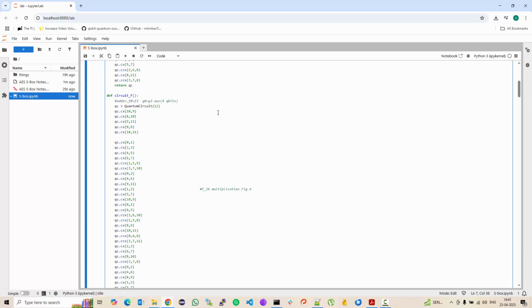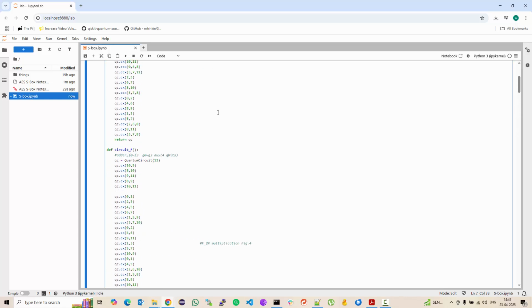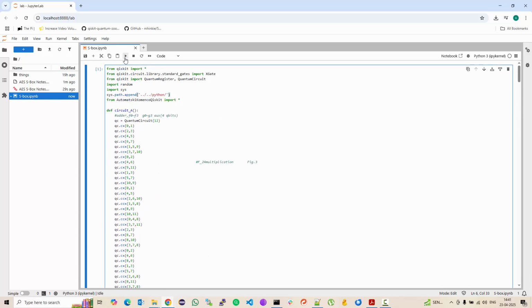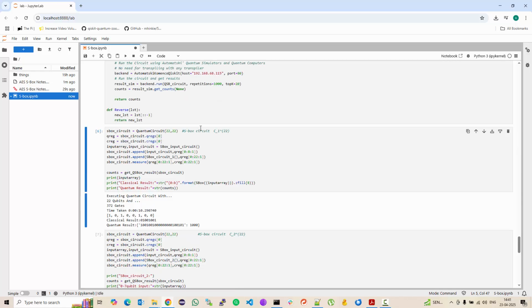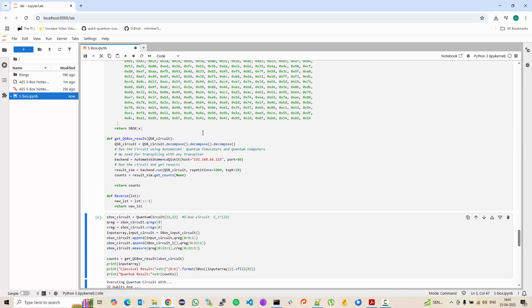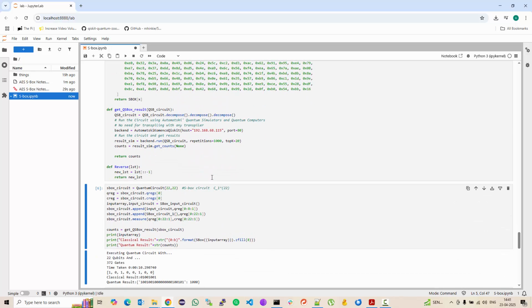So this is the implementation of three circuits, but I will not go into them. If you look, this is the S box lookup table, which we are going to execute and try to crack.